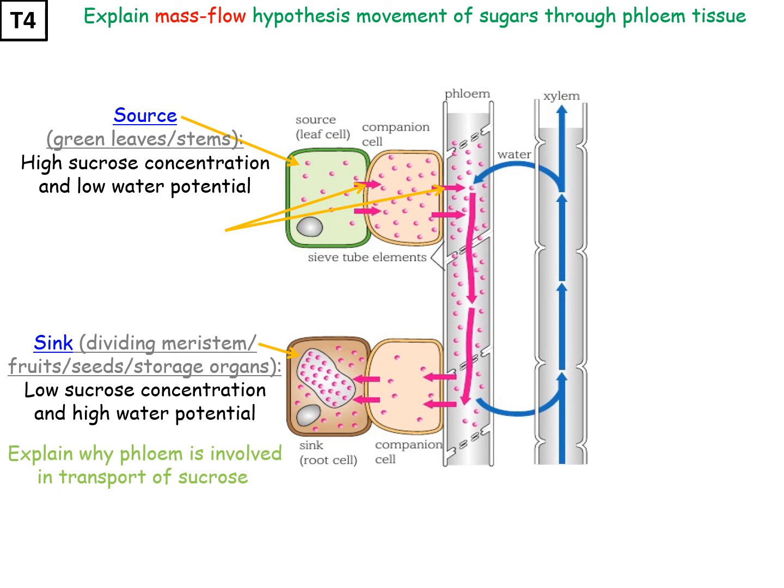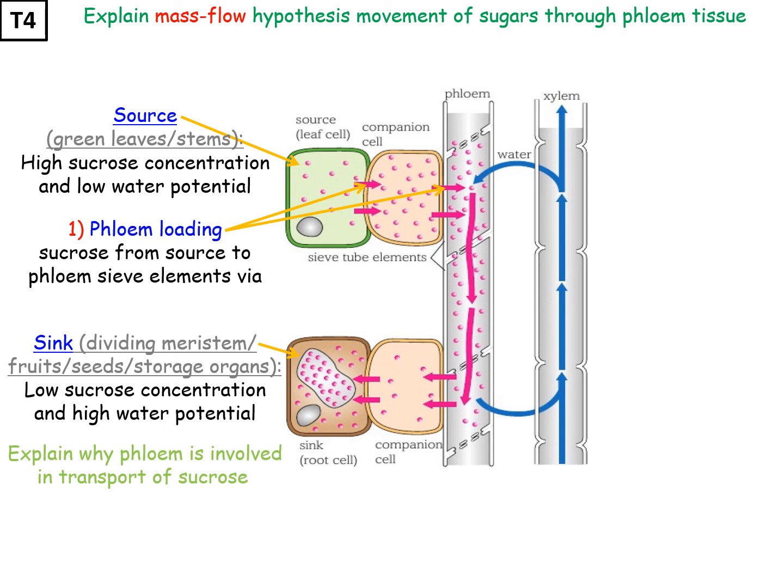At the beginning, you want to move the sucrose from the source towards the phloem sieve tube elements, and that's called phloem loading. This occurs through two different pathways, which we learned earlier. In transpiration, there are two different pathways for the water and minerals to move, called the symplast and apoplast. This is the same idea. In translocation, you can move sucrose through the symplast and the apoplast.